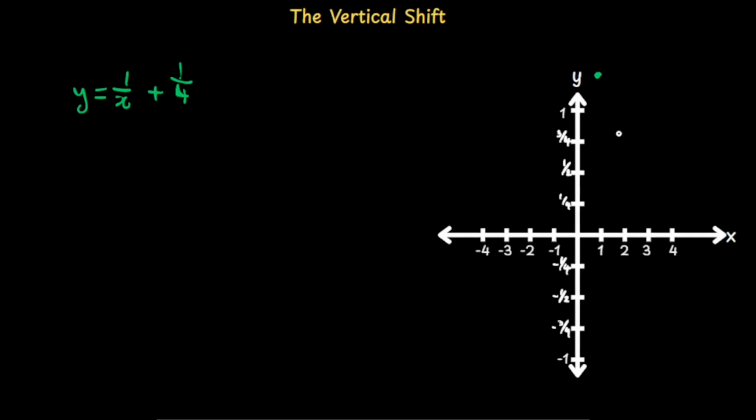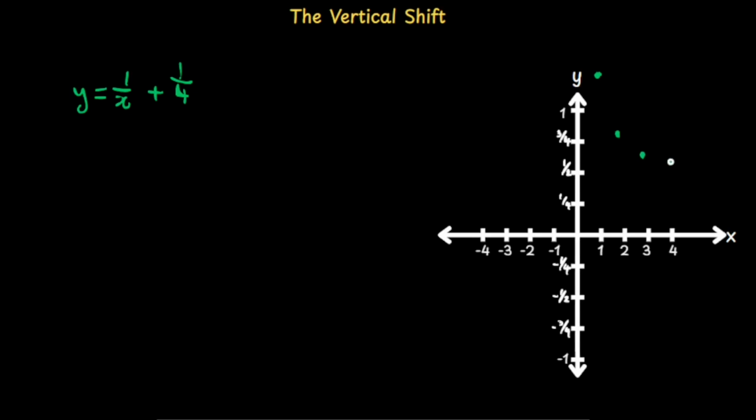So I'm going to plot that there. 1 over 3 is 1/3, 1/3 plus a quarter. So let's look for where 1/3 is. 1/3 should be around here. Let's add a quarter to that. It should be around here. Lovely. And 1 over 4 is a quarter plus a quarter is a half.